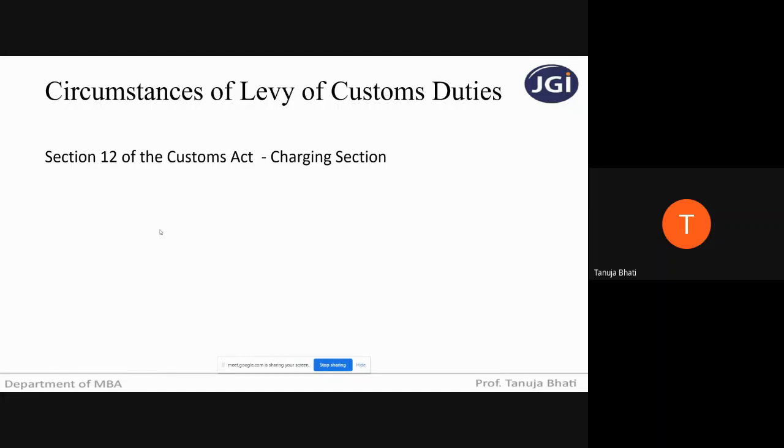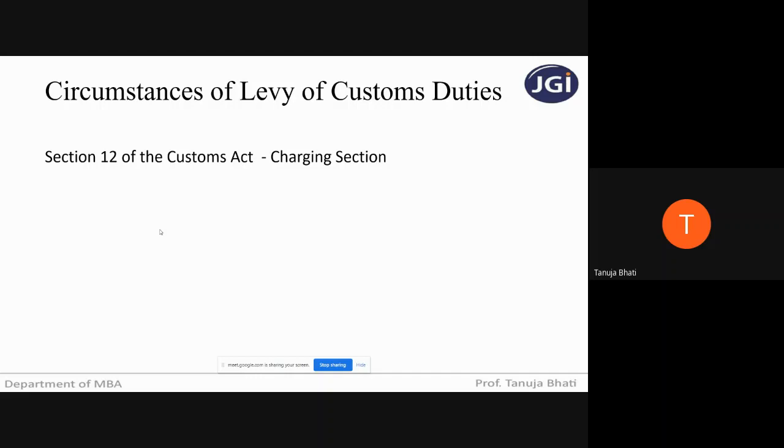So students, the charging section tells us that the taxable event to charge the customs duty can be identified, and the payment of customs duty will be appropriate only when you are certain about the point of importation and exportation, and that will be certain only when the definition of India is clear.